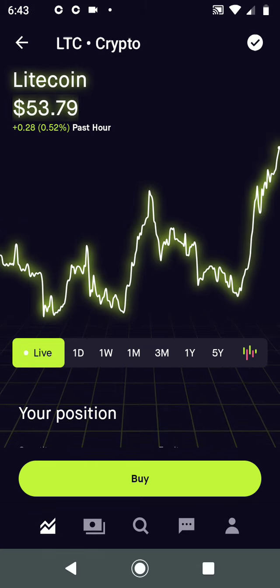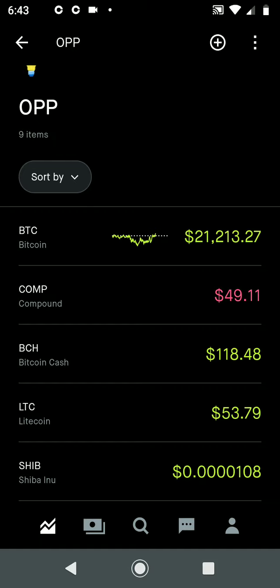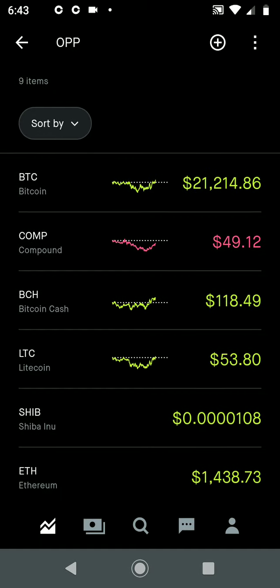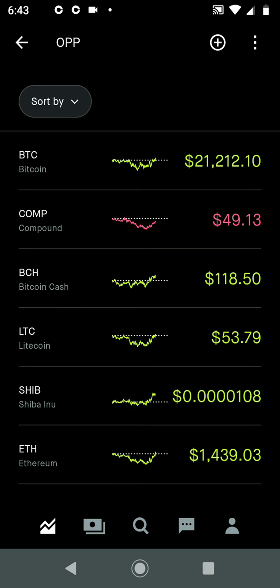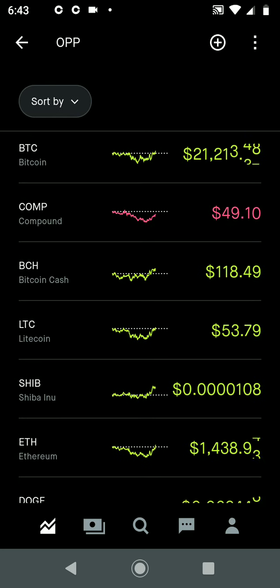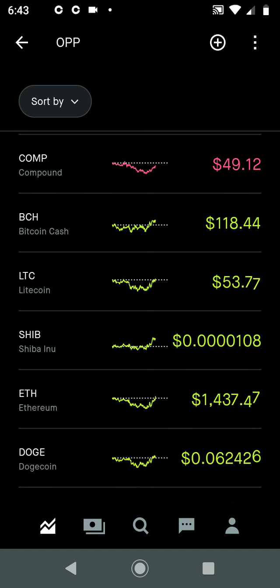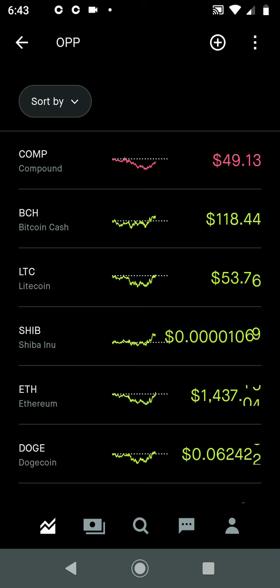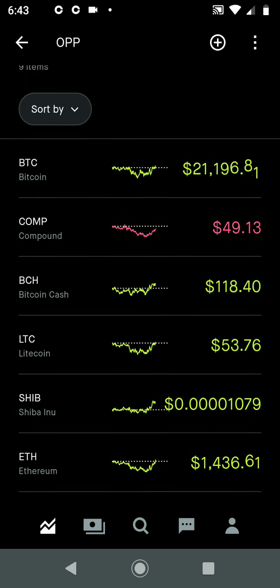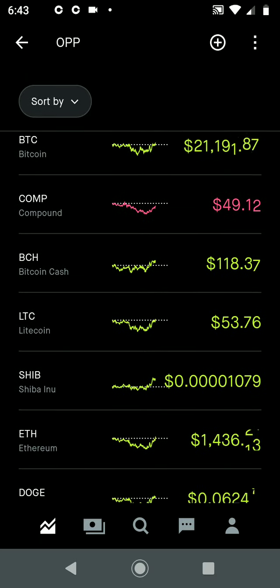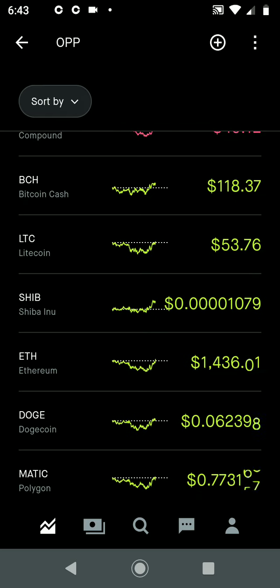So let's take a look at this. I call it my op list. These are all of the cryptos that I follow in Robinhood. You have Compound, Bitcoin, Bitcoin Cash, Litecoin, Shiba Inu, Ethereum, and Dogecoin. Now, I don't day trade all of them, because I day trade the ones I'm most familiar with, and that would be Bitcoin, Dogecoin, and Ethereum primarily.